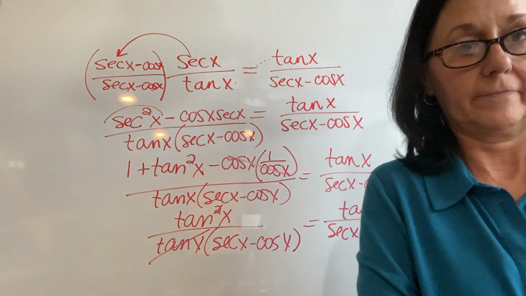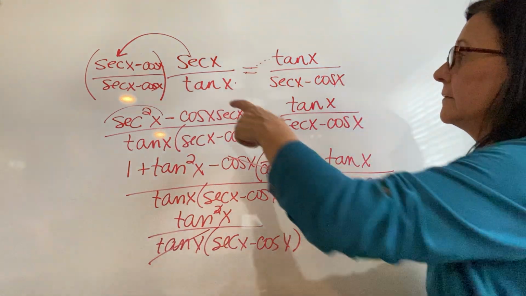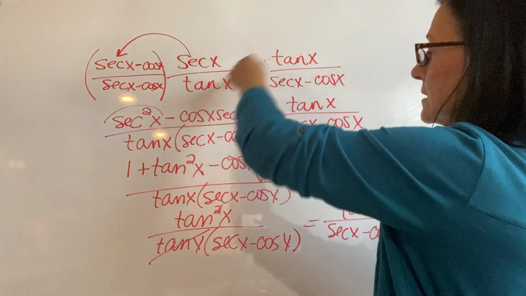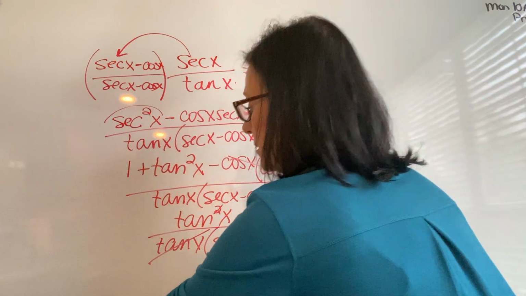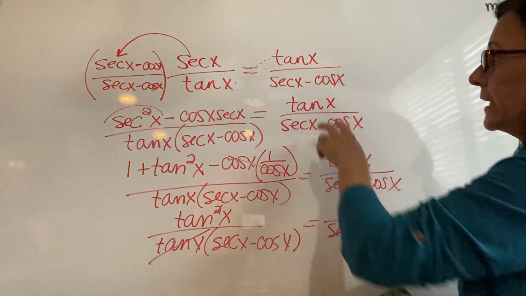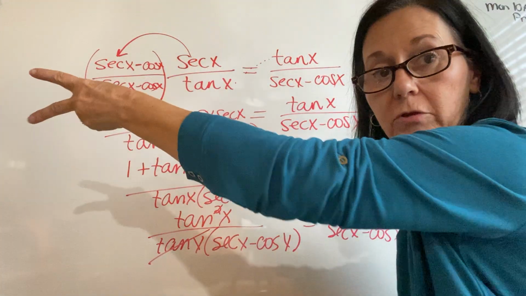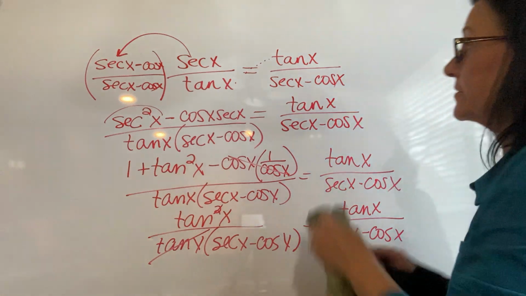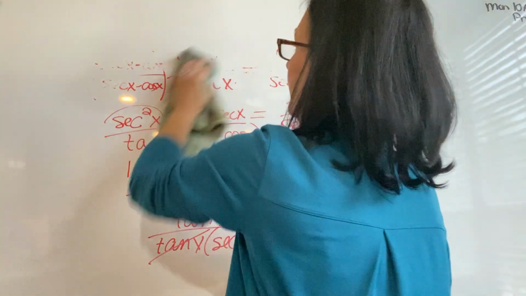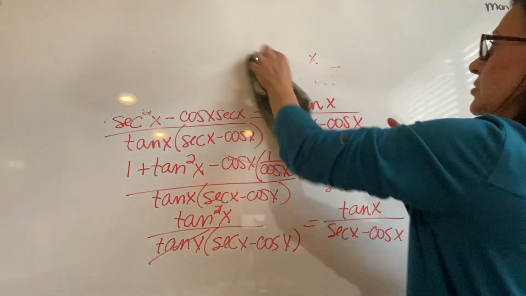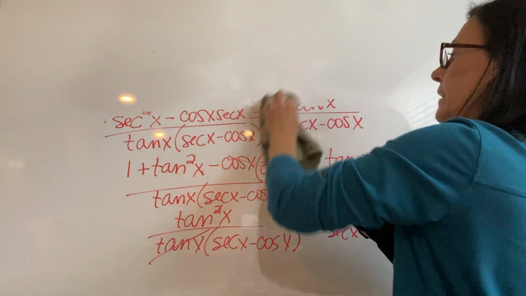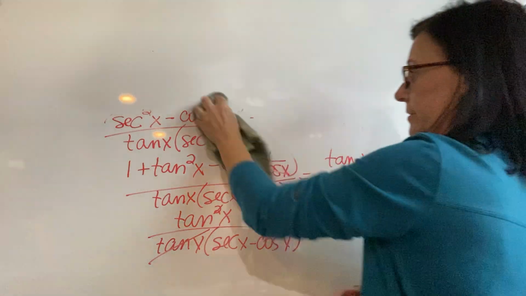All right? So when you have these, it doesn't matter if they're in the extreme position or the mean position. I'm typically taking the binomial and multiplying it over itself on the other side. And I'm not always distributing unless I see, like I saw in the numerator for the secant, I could get the tangent.